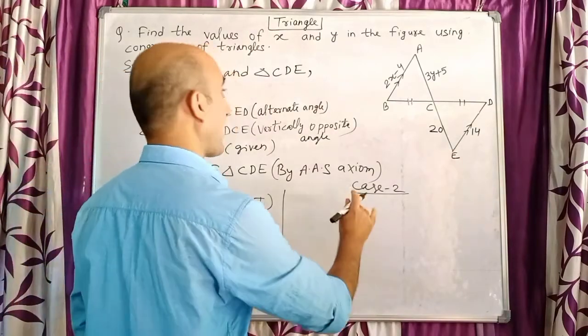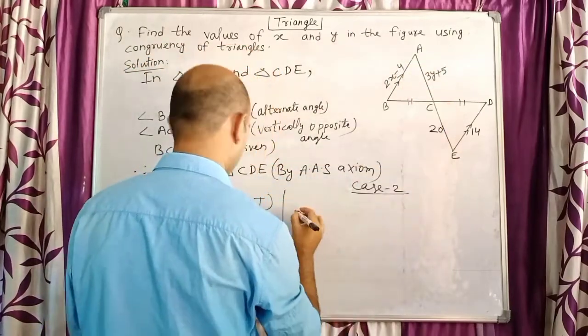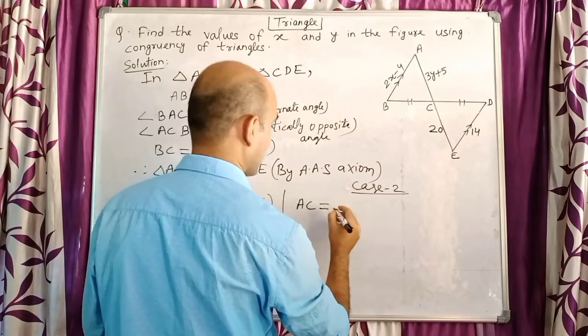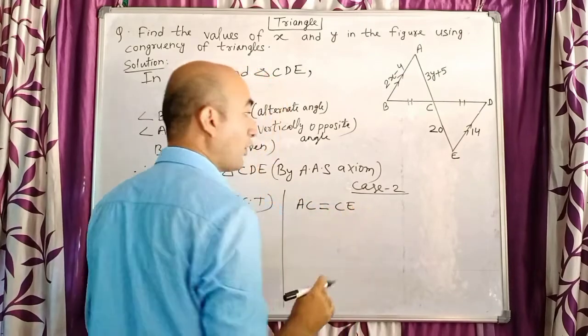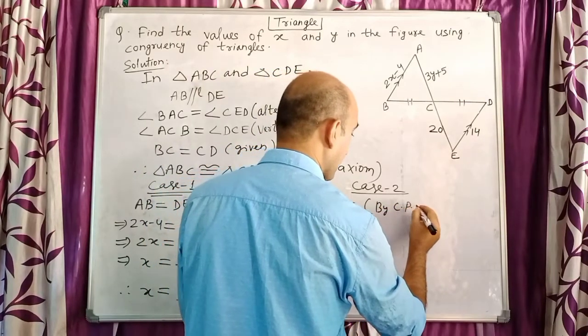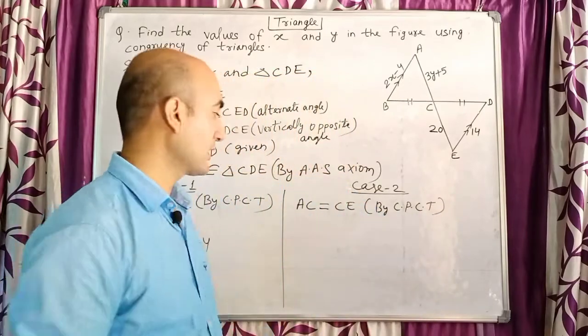Next, to find the value of y, I can say AC is equal to CE. In case 2, AC is equal to CE. Now you will say how? By CPCT, because when two triangles are congruent, the other corresponding parts of congruent triangles are equal.